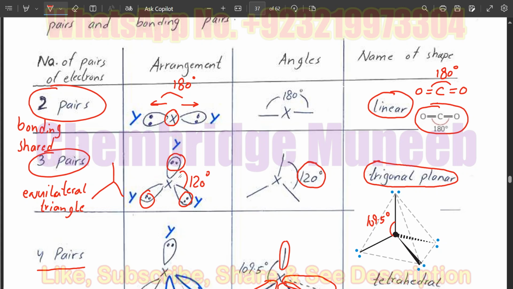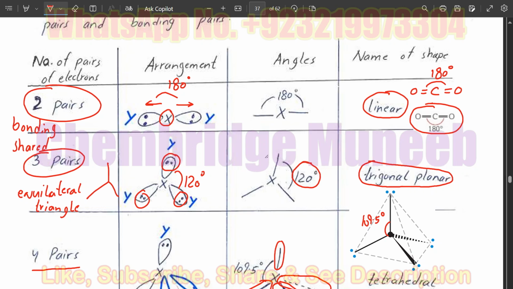This is the case in this example where there are 3 different points of the triangle, and these points shown over here represent the bonding pairs. Now the angle between the atoms will be 120 degrees and the shape of the molecule will become trigonal planar. That's the name of the shape of the molecule, trigonal planar.